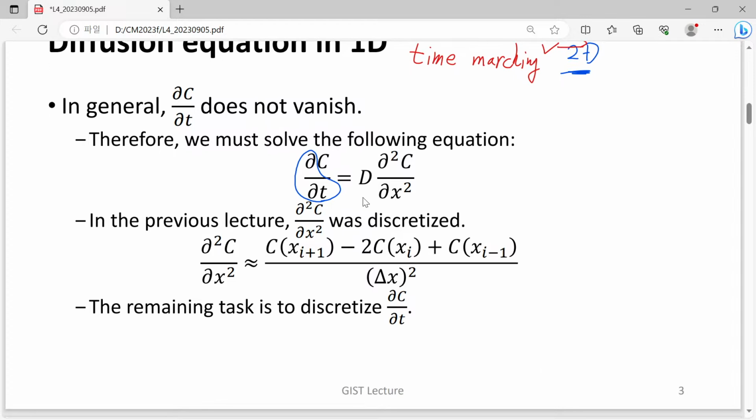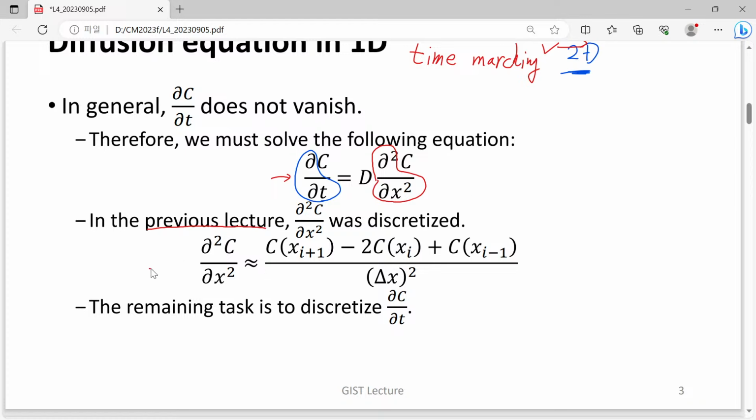So fortunately, here we have a second derivative with respect to x and a first order derivative with respect to time. This second derivative was discussed in our previous lecture, and do you remember its form?